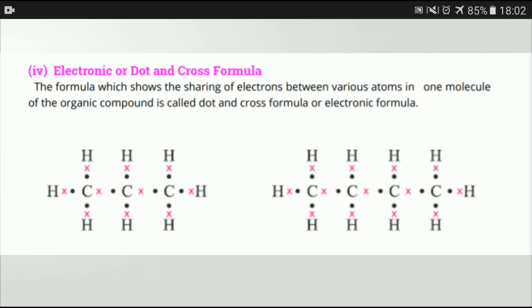Atomic number of hydrogen is 1. 1 electron is present in the outermost shell of the hydrogen atom. Now here is 1 dot and 1 cross. This is sharing of electrons, and a covalent bond is formed by mutual sharing of electrons. Both carbon and hydrogen are sharing their outer electrons. Now this is the dot and cross formula of N-propane and N-butane.